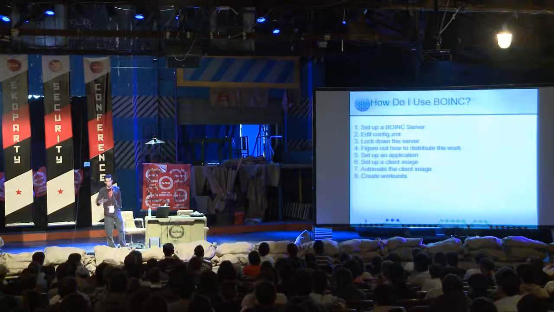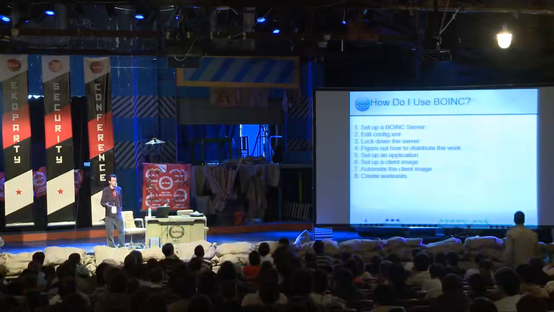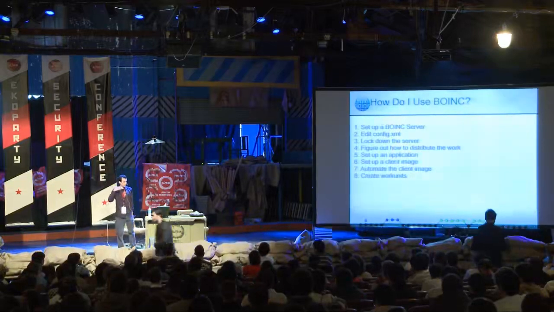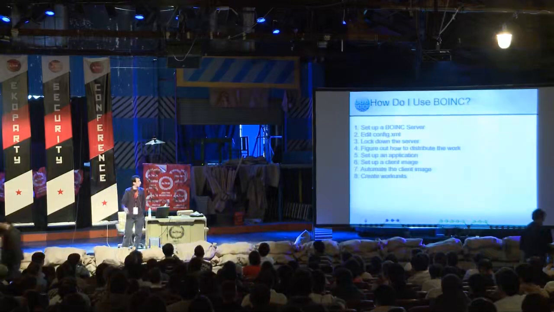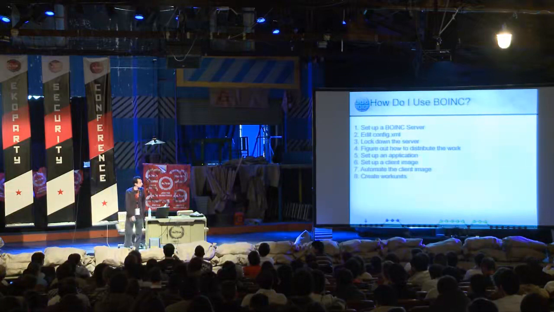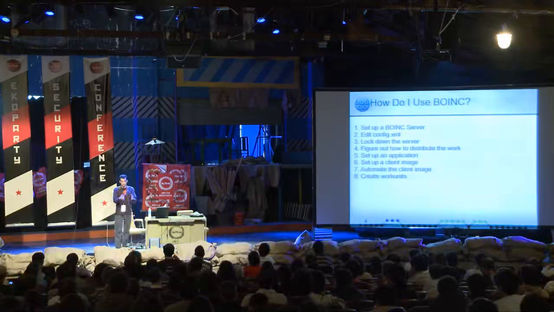And then, because we're probably going to work in Amazon EC2, you're going to set up a client image in Amazon that will, on startup, connect to your server and just ask for work. So you're not putting Peach or your program on there. All you're putting is the Boink client software, which is what runs on every single operating system. And then you create your work unit, so that will be each file that you want to fuzz, and you're good to go.